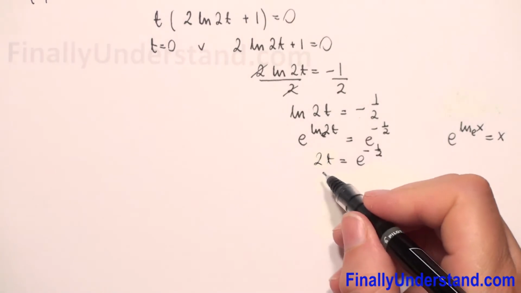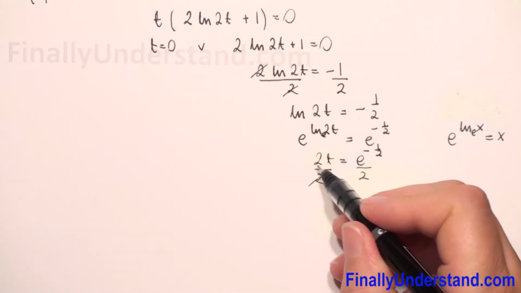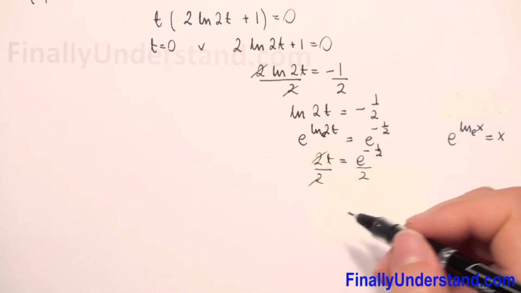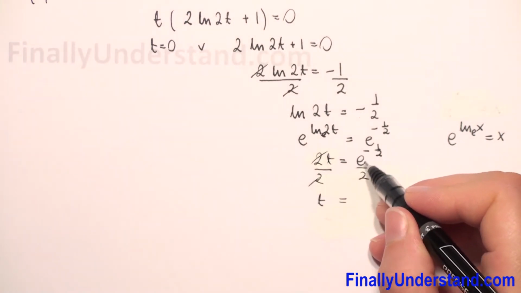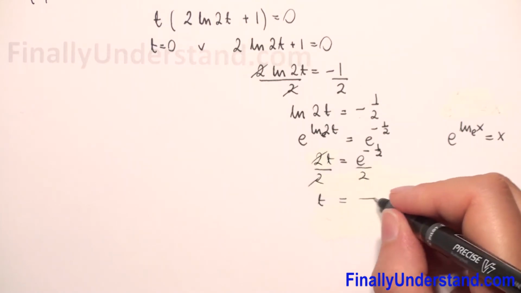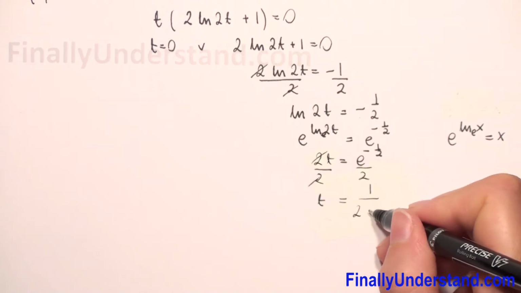Now we divide both sides by 2. So 2 and 2 we can reduce, and we have t is equal to e to a negative power. It means we have to take it down, so it will be 1 over 2 e to the power 1/2. So it means we have 1 over 2 times the square root of e.